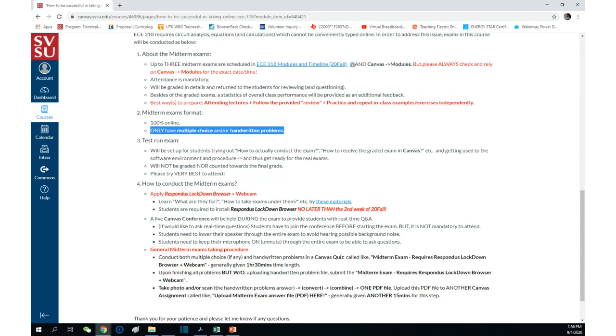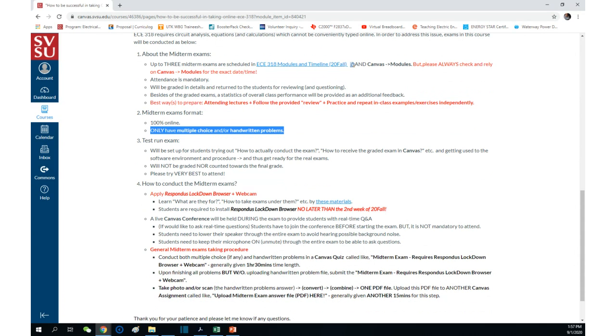Oh, I'm receiving a question. For the handwritten problem, do we have to print the problems out? You mean the problems? Because the problems are displayed on the computer screen, and you're watching it, and in the meantime you're writing your step-by-step answers on another paper, right?